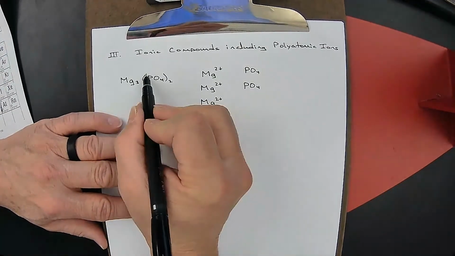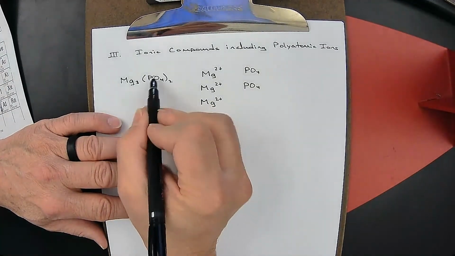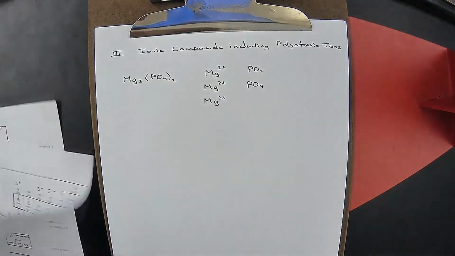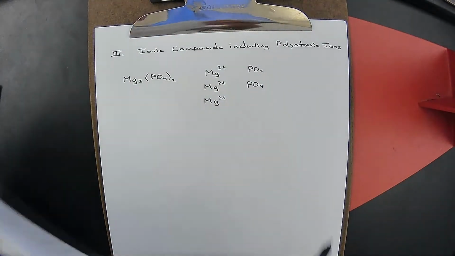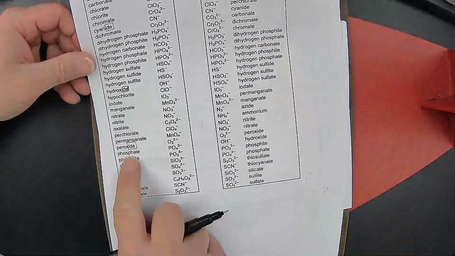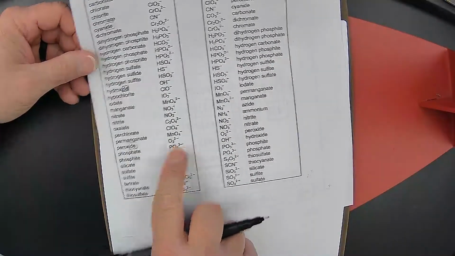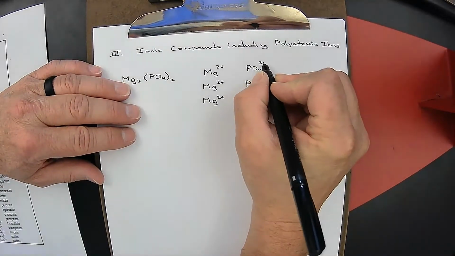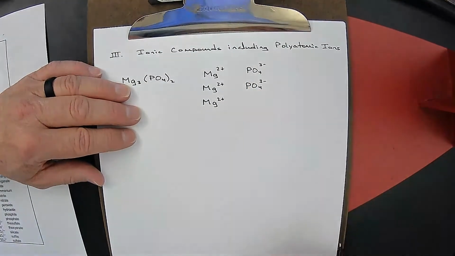For polyatomic ions, you have to use parentheses when you have more than one of them. And we have to use the back side of our periodic table in order to know what the charge is going to be. And in this case, it's a 3 minus. So 3 minus, 3 minus.